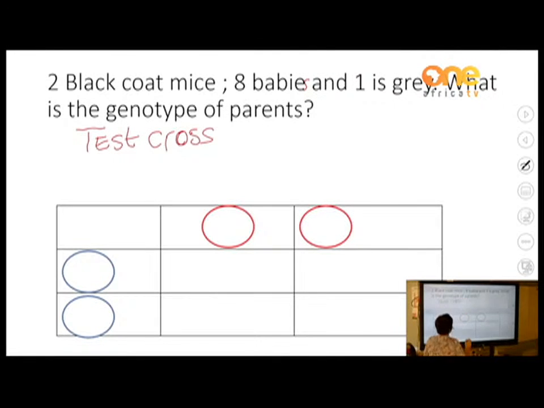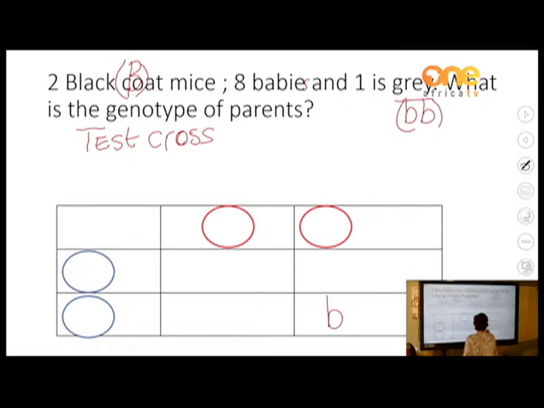If the baby is gray, and black is dominant, I write in here small b, small b. This tells me that from this parent, this baby inherits a small b, and from this parent, the baby inherits a small b. You agree? That is how I will start.